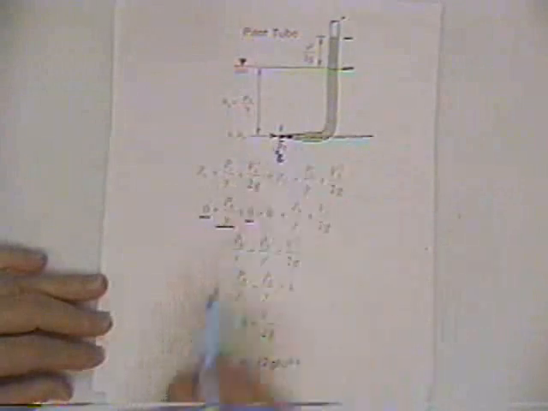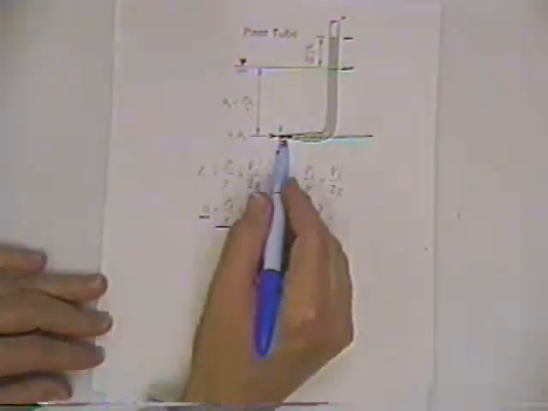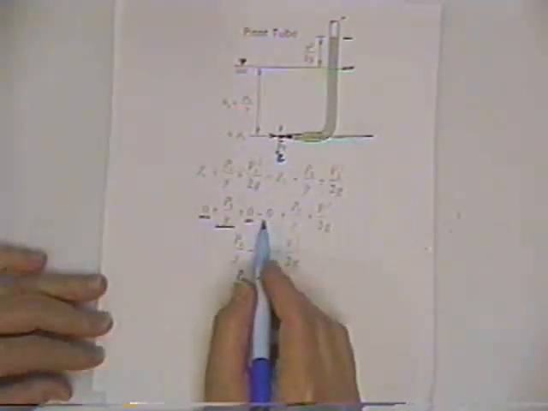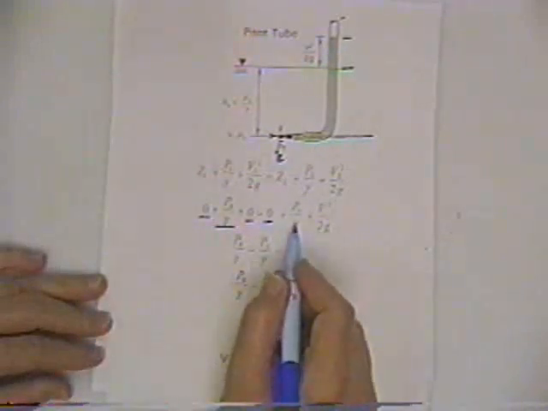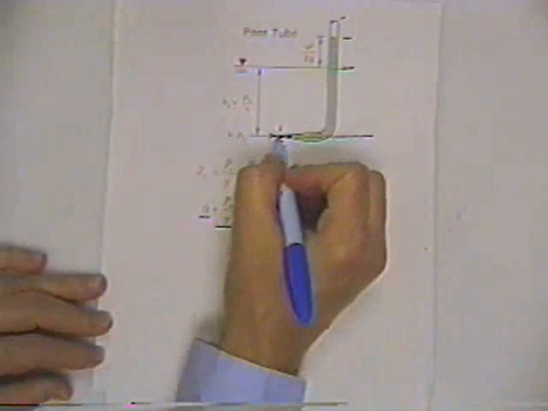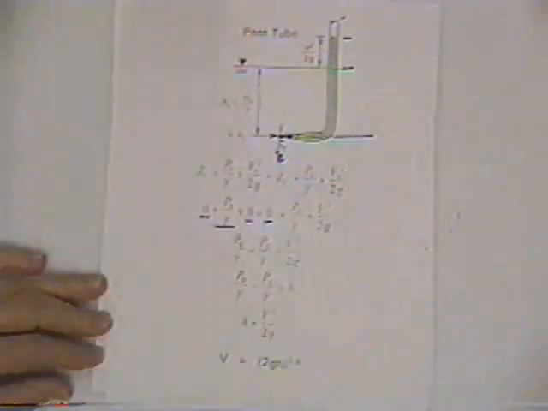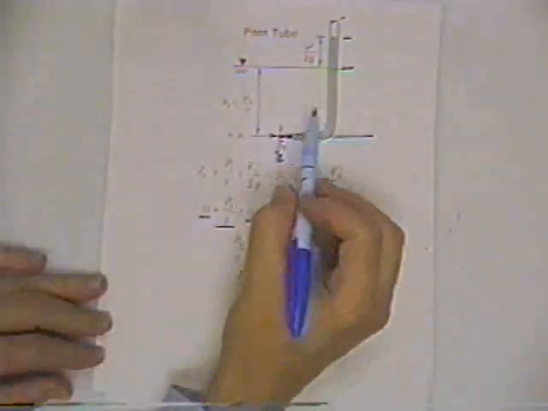Now, if you're outside the entrance to the tube, and say we're at the same vertical elevation, so our Z is still 0, and we've got some pressure, and this is the pressure head. If you're outside the tube, the pressure head is no different than from fluid statics.